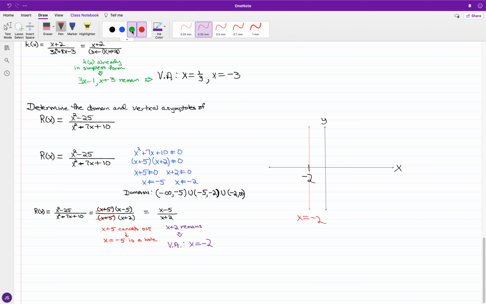And in the case of the graph of the function itself, the other value we had in play was at -5.